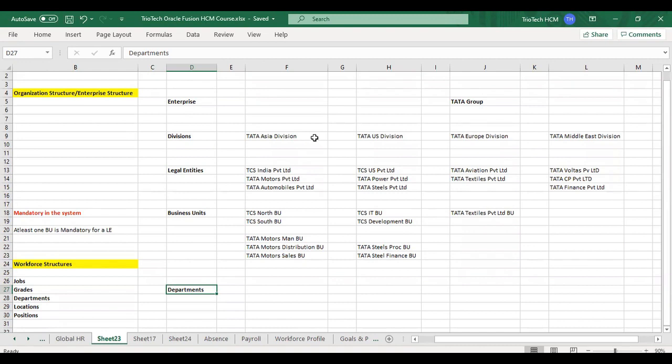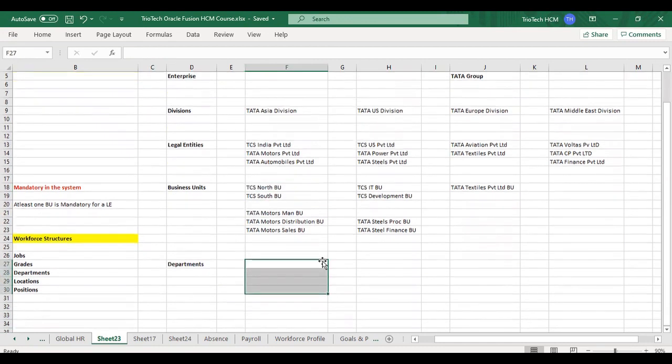Whatever that, the lowest level of business bifurcation team. Under each business unit, we have the concept of departments team. Let's say under TCS North BU, my client is having the departments like Tata Sales Department, okay, TCS Purchasing Department, okay, then TCS Admin Department, etc.